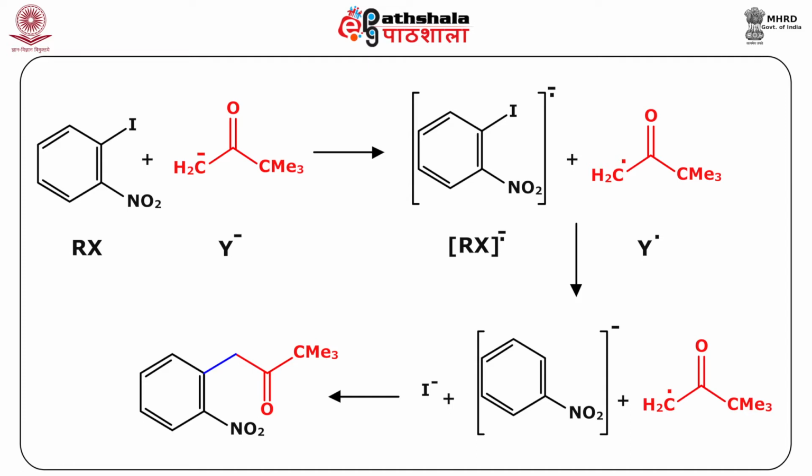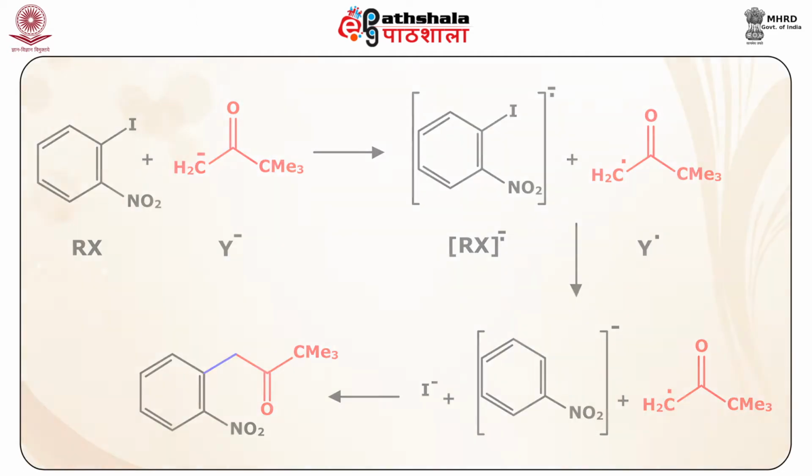Here you see an example of a non-chain SRN1 reaction, where the solvent cage does not allow the propagation of this reactive intermediate, thus only leading to product formation and not to a side reaction, or giving rise to any product other than the one and only product. The substitution of the iodo group with the incoming reactive nucleophile occurs via a non-chain SRN1 reaction here.